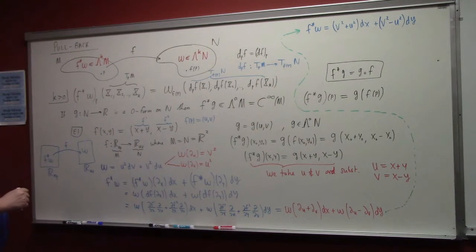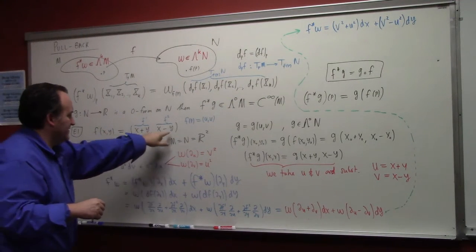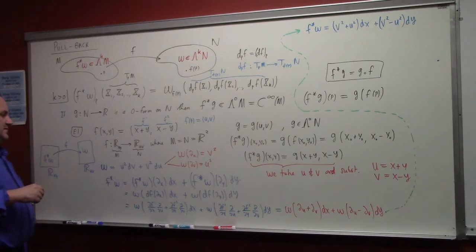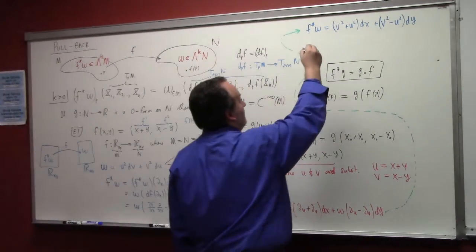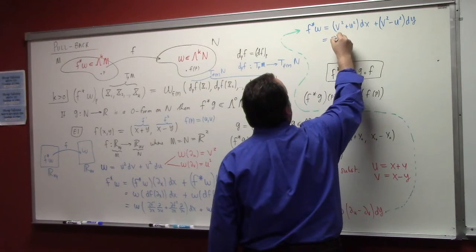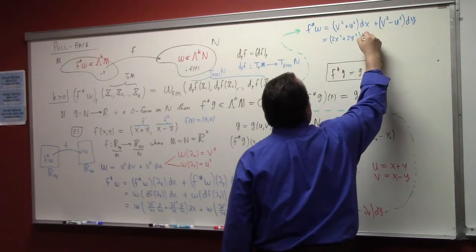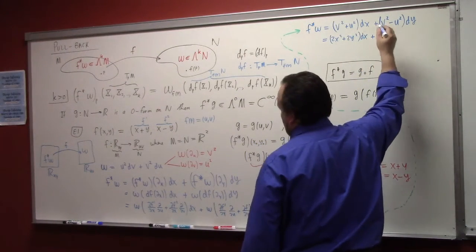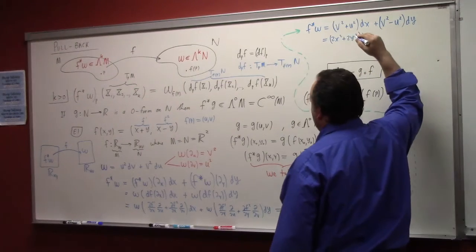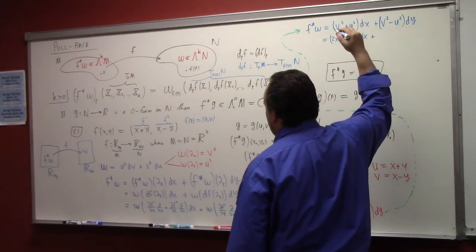So if I go back to using P as x comma y, what's this squared plus that squared? It's like 2x squared plus 2y squared, right? The cross terms cancel. And then v squared minus u squared, now the cross terms don't cancel, everything else cancels.